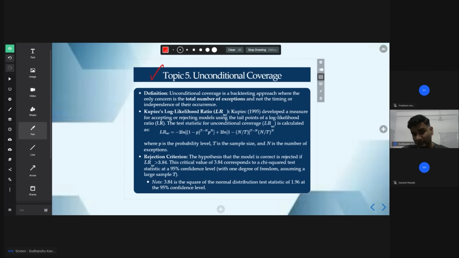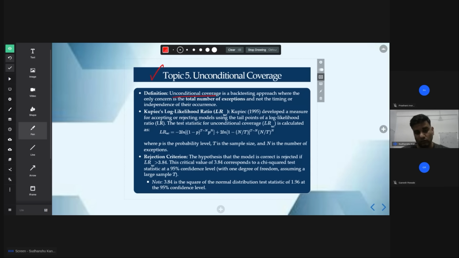So I'll repeat again. It checks how many exceptions occurred, but does not care about when they happen. It only looks at the total count of exceptions over the sample period. In other words, did the model produce about the right number of VaR breaches regardless of timing?